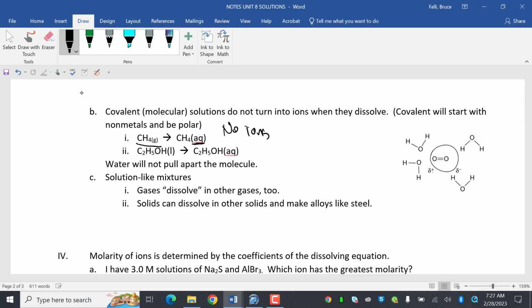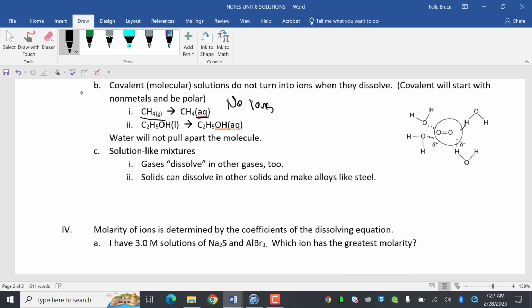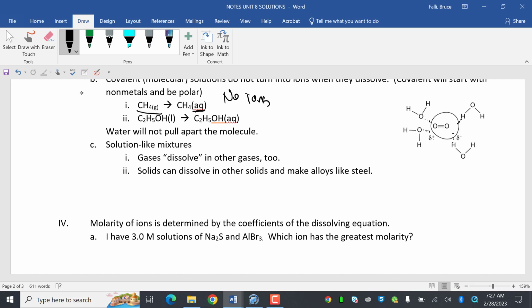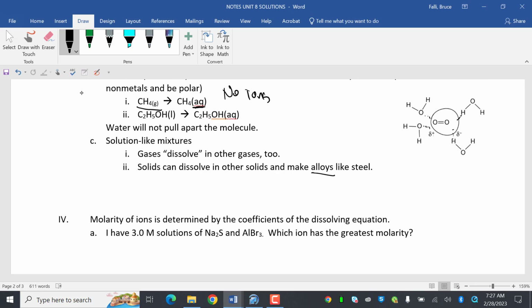This end is a little bit positive, so the negative oxygens, the chins of Mickey Mouse, are attracted to it. This end is a little bit negative because it has the extra electrons, see the bigger cloud, so the positive hydrogen goes with it. All right. So solution-like mixtures, gases dissolve in other gases, and solids can dissolve in other solids, and this is a special type of solution called an alloy.